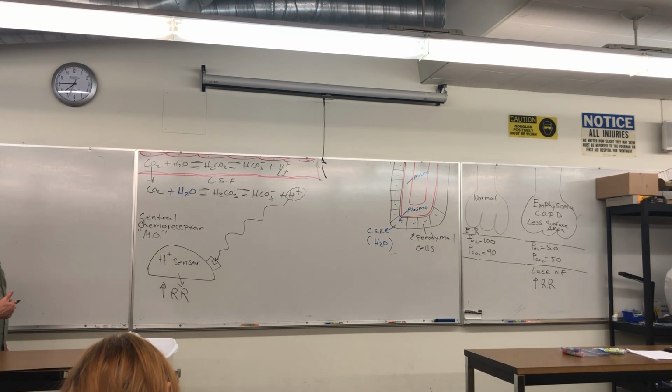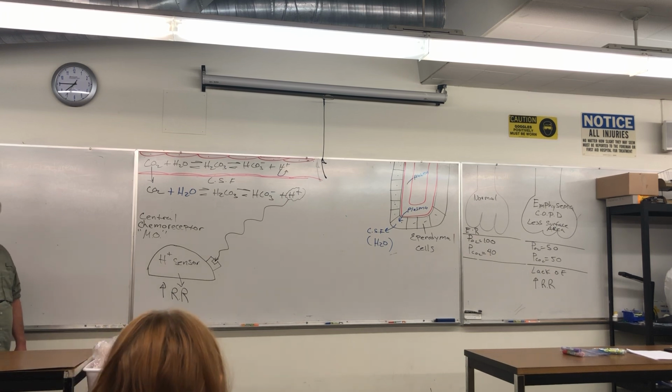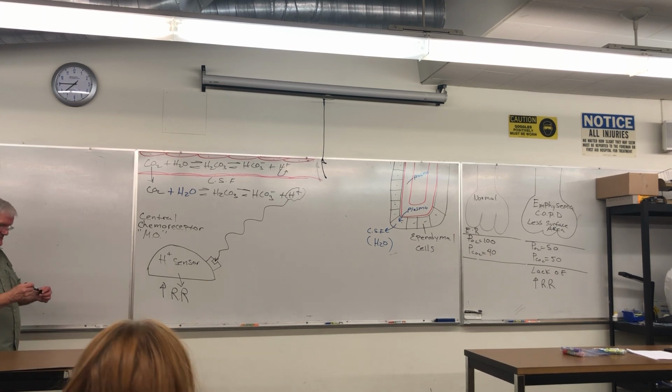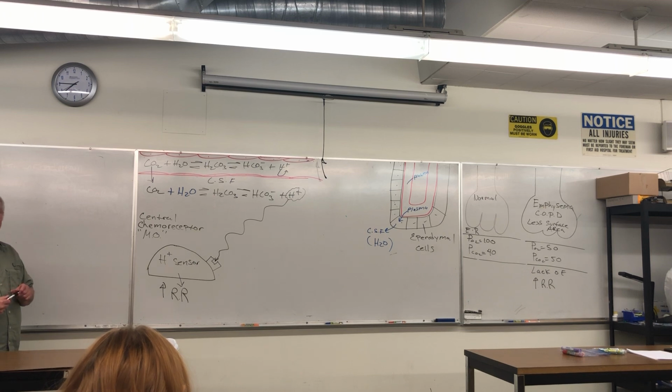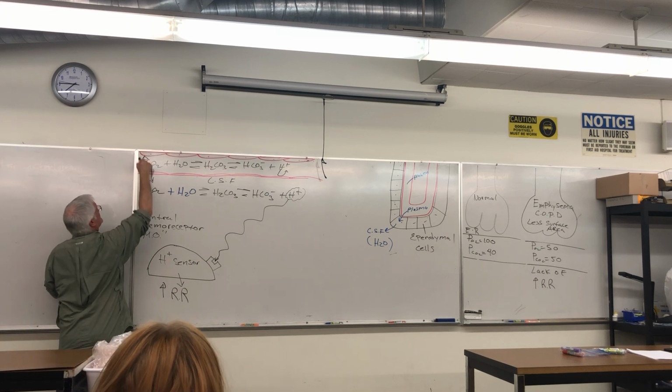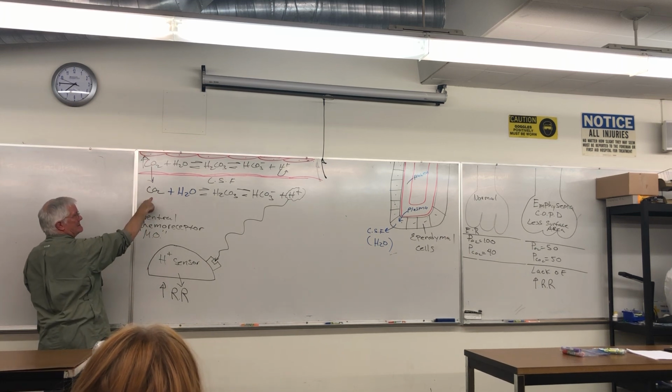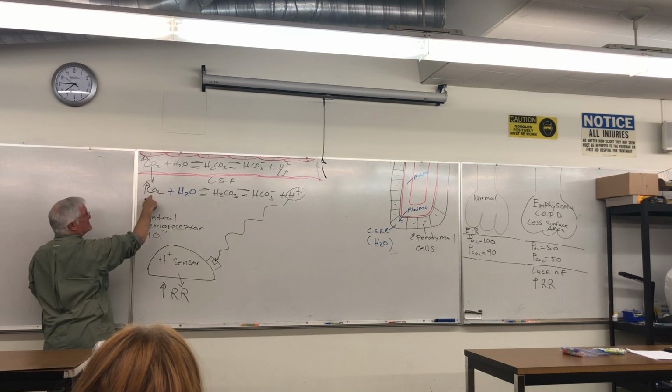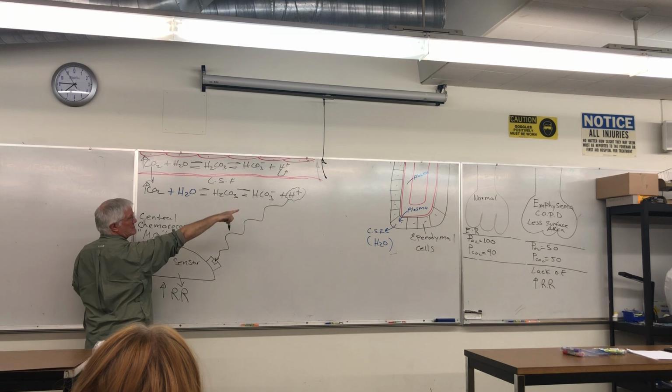All right, now, if I hold my breath for, let's say, a minute and a half, what's going to happen to my CO2 levels in my blood? Go up. Everybody agree that CO2 is going to go up if you hold it? All right. If CO2 goes up in my blood, will more CO2 diffuse into my cerebrospinal fluid? Yes. Perfect. If I have more CO2 diffusing into the CSF, it's mainly made out of water, will I end up producing more hydrogen ions?